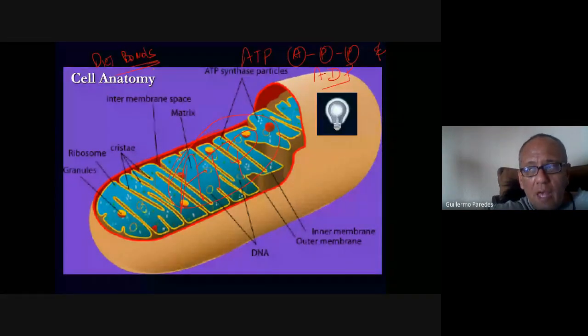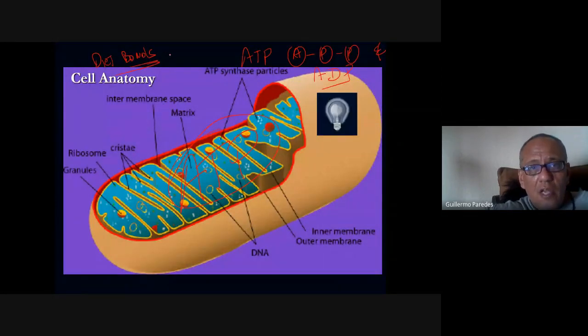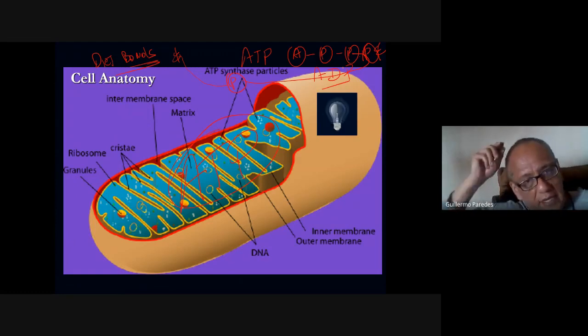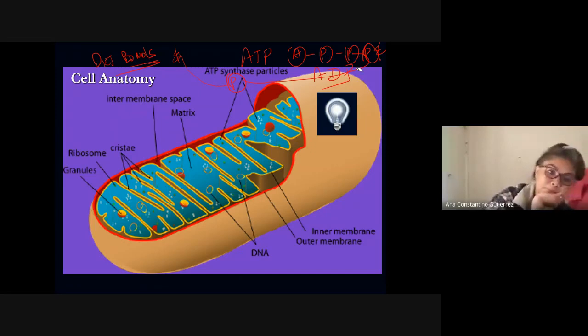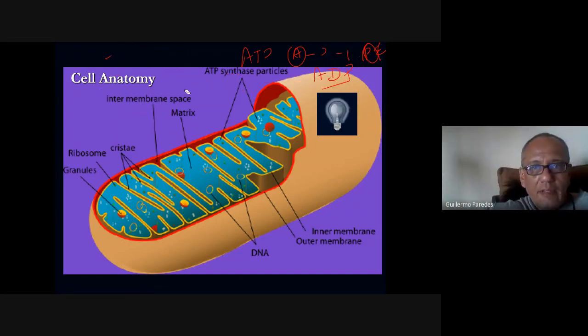When you break down the molecules of the food, that energy is used to bring a phosphate and put it back into the ADP. So the energy of the food is to put phosphates into the ADP, and just after that, we use the ATP as energy. Is that clear? Yes. Everybody got it?